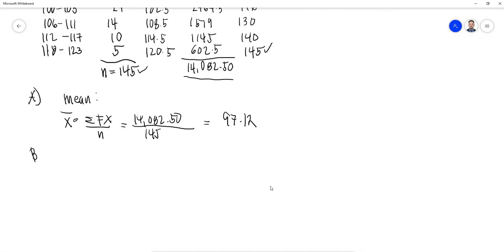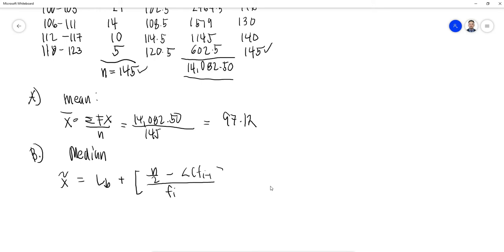Next, we get the median of the group data. Median formula is x curl is equals to lower boundary plus bracket n divided by 2 minus less than cumulative frequency before the median class divided by frequency of the median class multiplied by the class width.